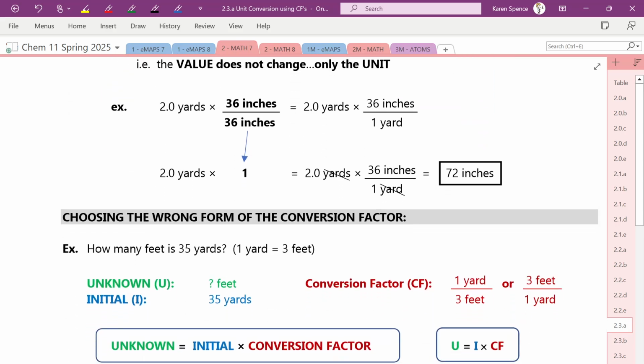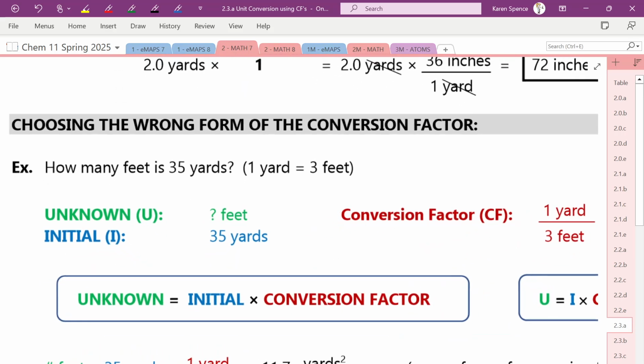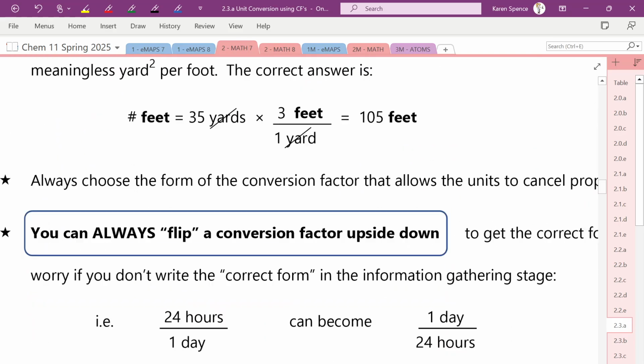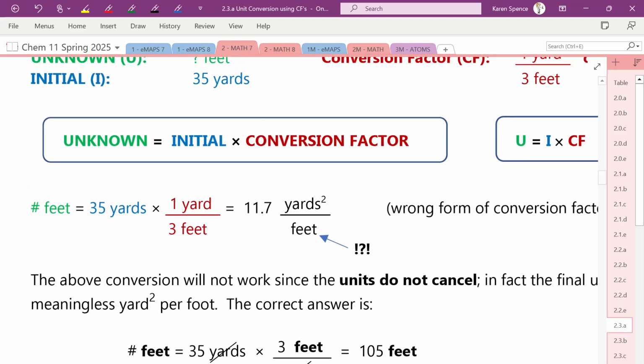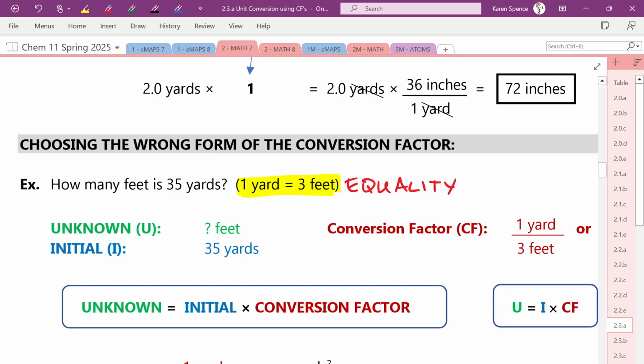All right. What happens if we choose the wrong form of the conversion factor? So, how many feet is 35 yards? This is on page 47, halfway down the page.